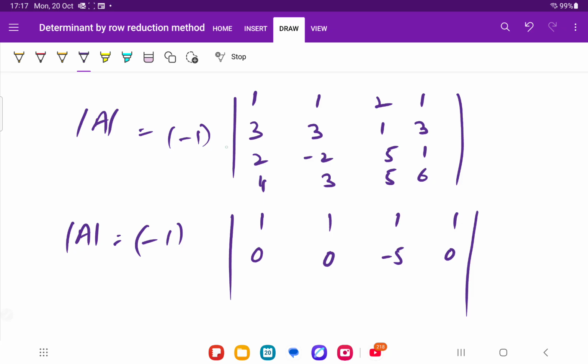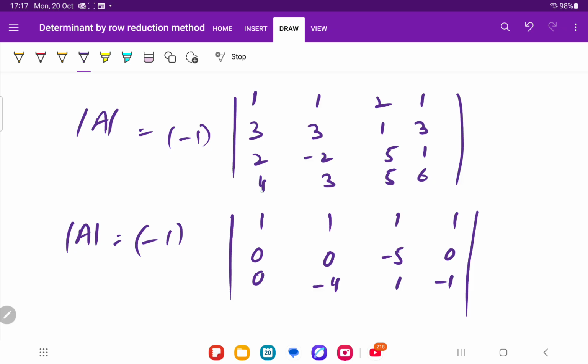Minus 2 multiplied by 1 is minus 2, plus 2 is 0. Minus 2 minus 4 is minus 6, and minus 4 plus 5 is 1. Minus 2 and 1 gives minus 1.